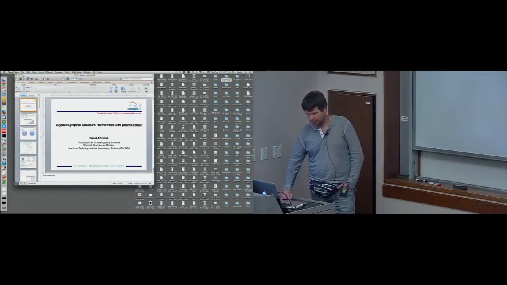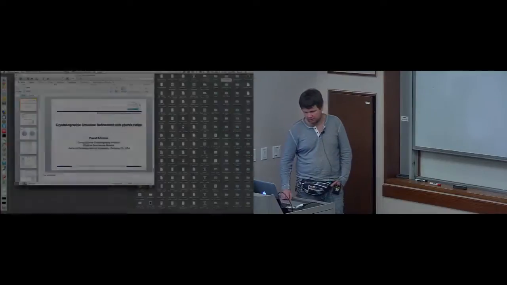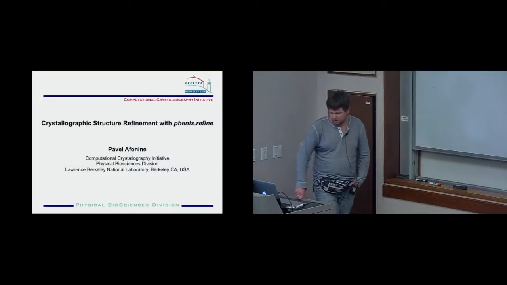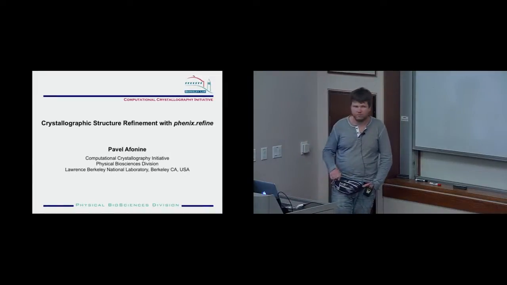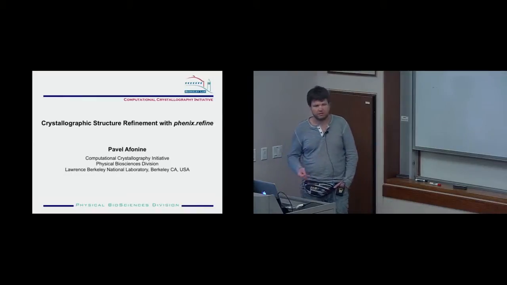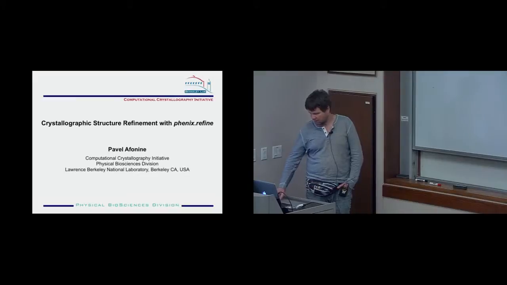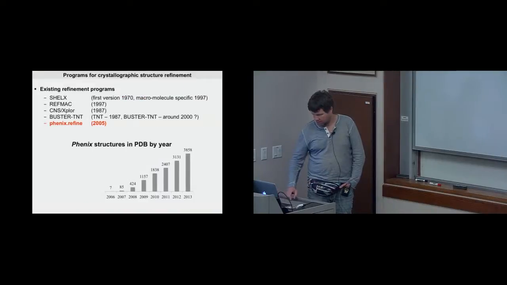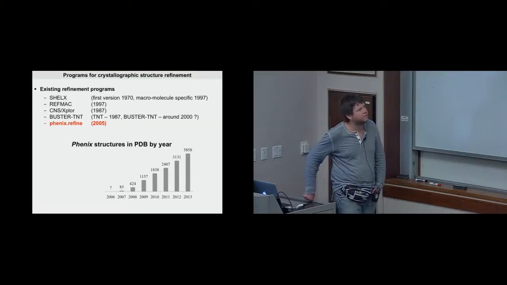And I will briefly go through the main aspects and ideas of Phenix.refine as a structure refinement tool in Phenix. Phenix.refine is a tool for reciprocal space refinement, so refinement against measured intensities or amplitudes. And the first few slides are going to be statistics and numbers.